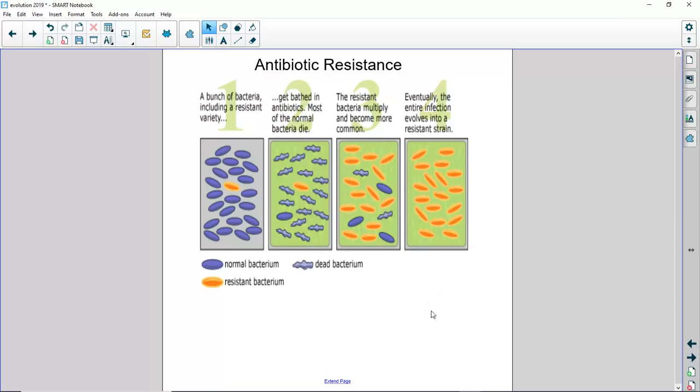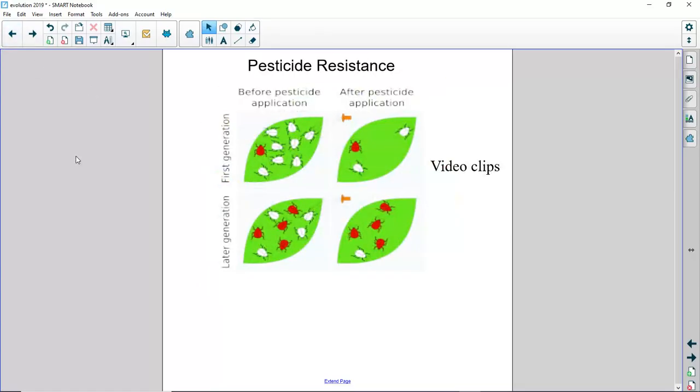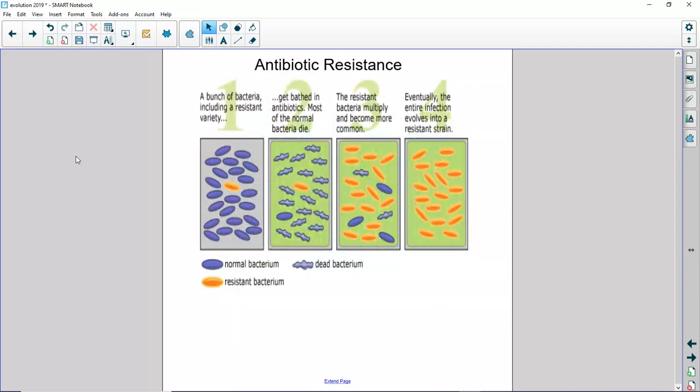It doesn't mean you're eliminating the blue bacteria, just that the resistant strain is there. Not good. Same thing with a pesticide. Too much pesticide, insects become resistant to it. You have to find a new pesticide, but be careful because those pesticides get into our food. Video clips for that. Watch the video, please.